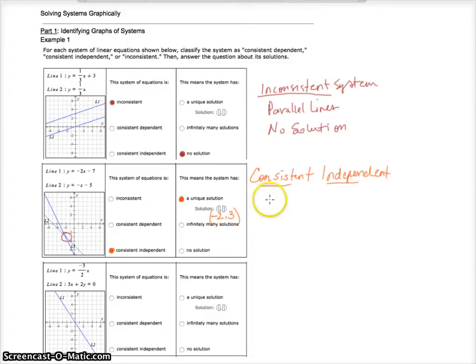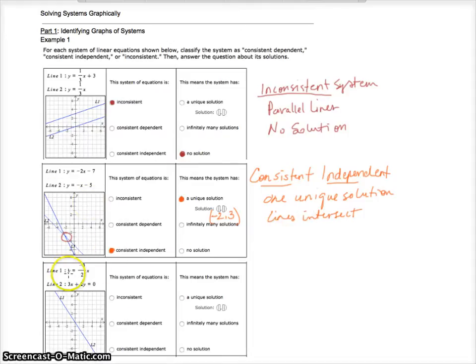It has one solution, and they're called unique. So we'll say one unique solution. The lines intersect, which means they have different slopes and different intercepts.